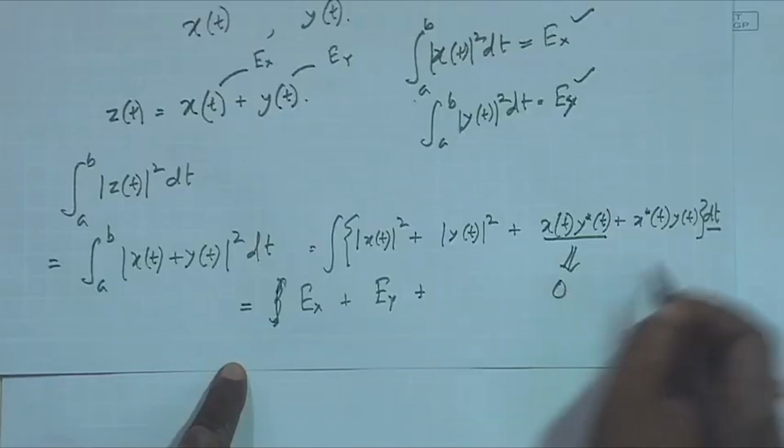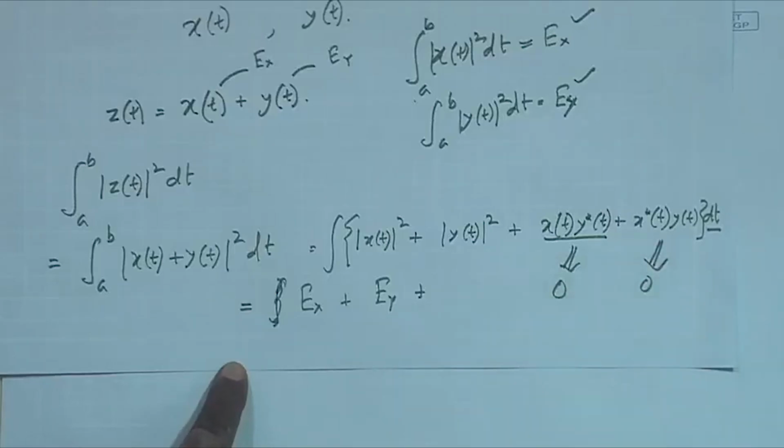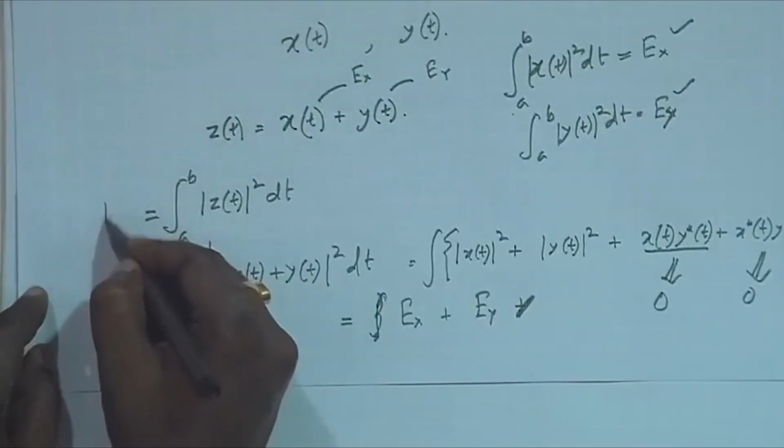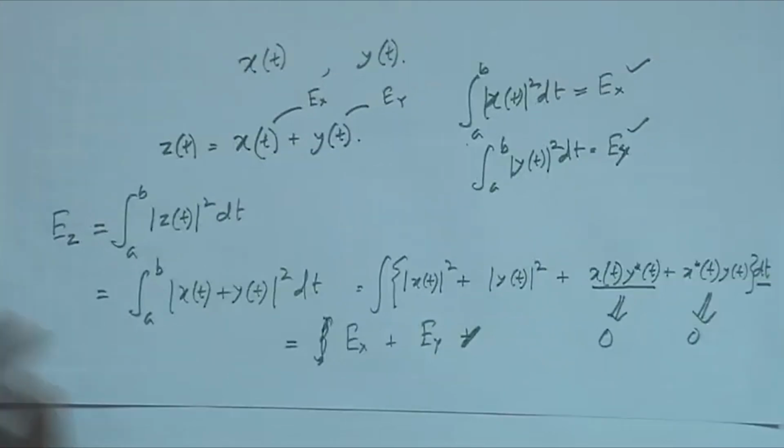So, this term happens to be 0, and this term happens to be 0. So, basically what we get is that the energy of z is just the summation of the energy of x and y.